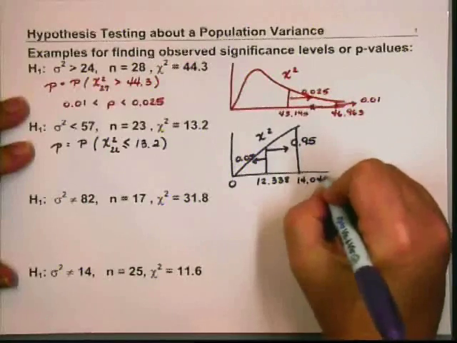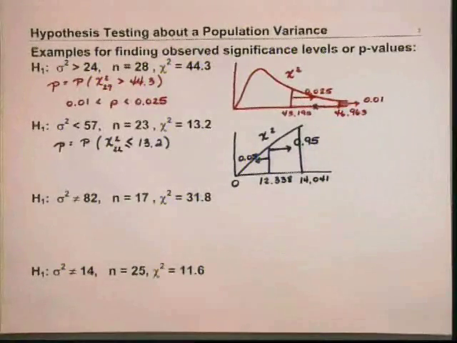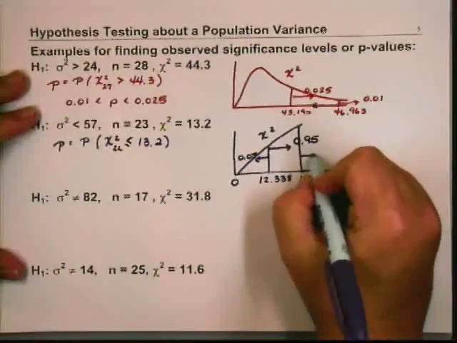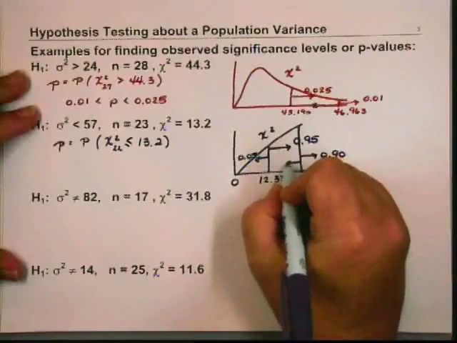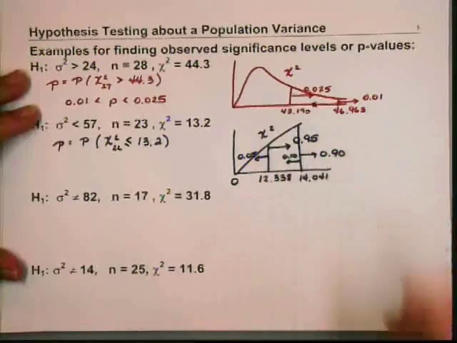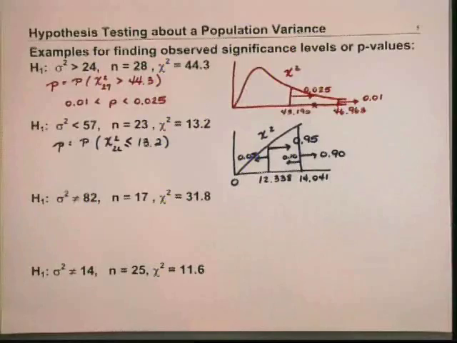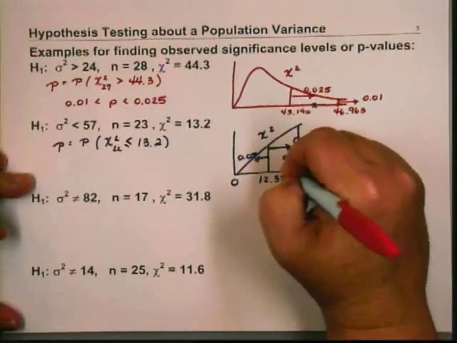Actually 14.041. The column header for 14.041 is 0.90, so the right-hand area is 0.90, which means the left area is 0.1. Our 13.2 is in the middle here somewhere.